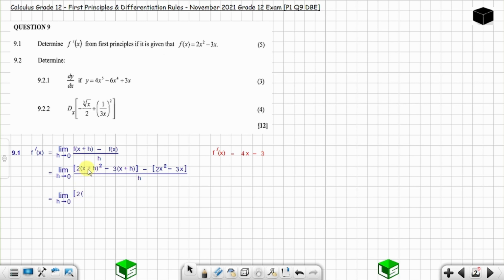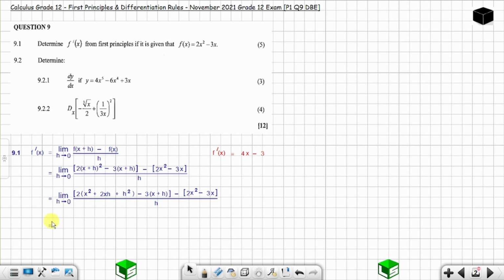So you have x squared, plus 2xh, plus h squared. You close your bracket. You close your square bracket, minus this, over h. Okay.